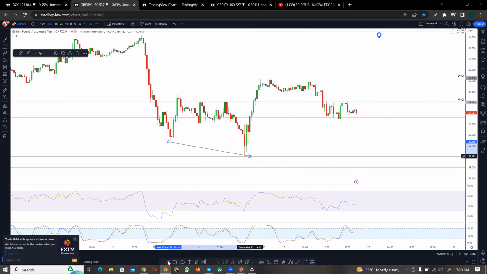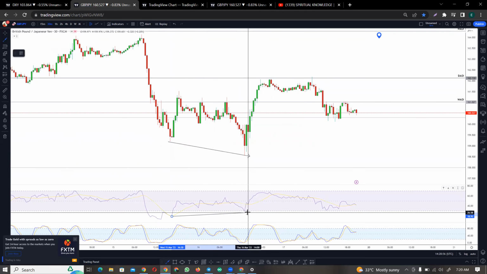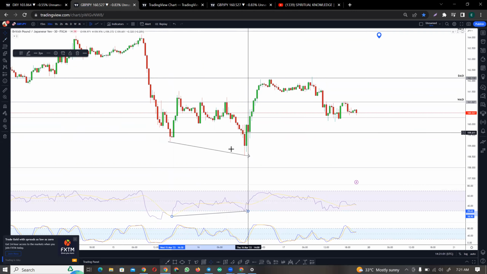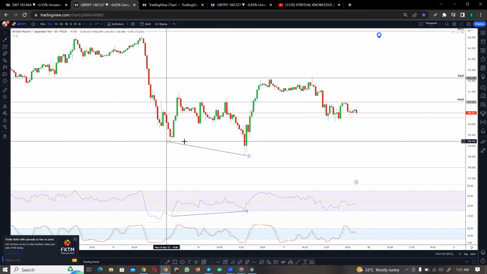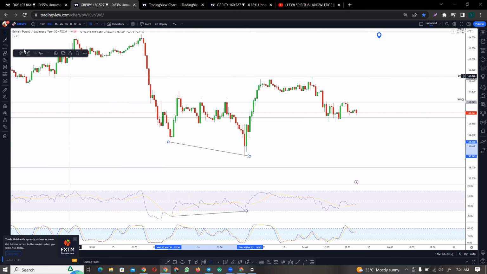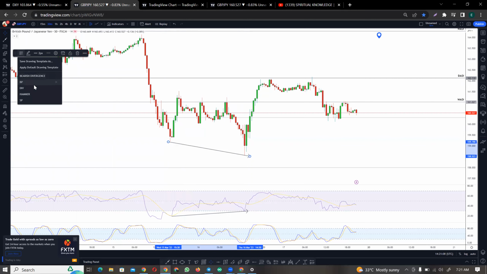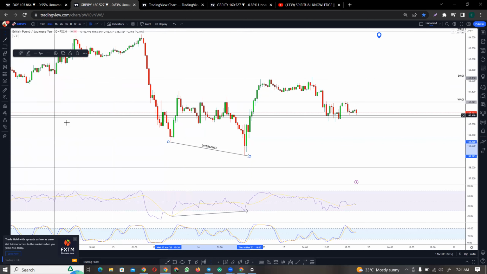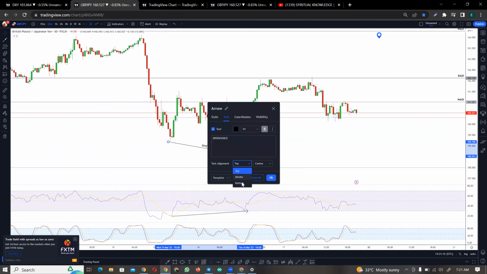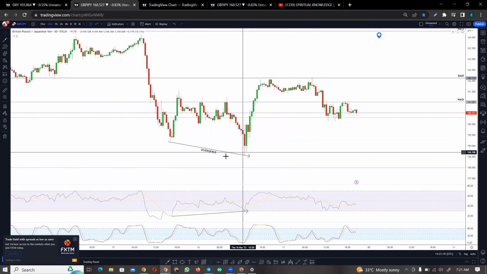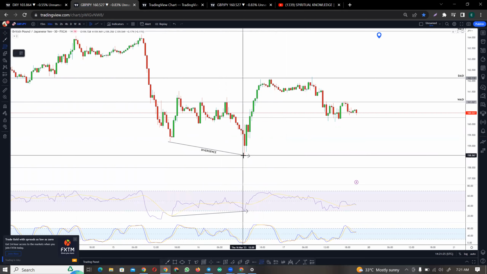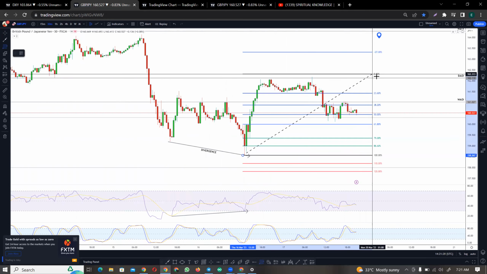We have a divergence. Okay, yes. So our current fib is from this point A to point B, for example.